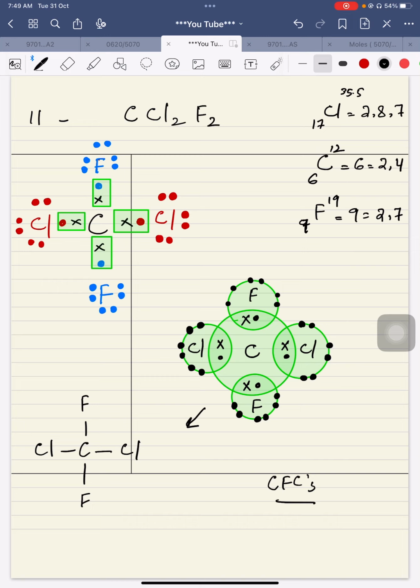You must have heard about the hole in the ozone layer, and due to that hole, ultraviolet radiations of the sun can approach the earth's environment, and finally those ultraviolet radiations are causing skin cancer. So this is all happening. So this is a very concerning type of compound which we have drawn.